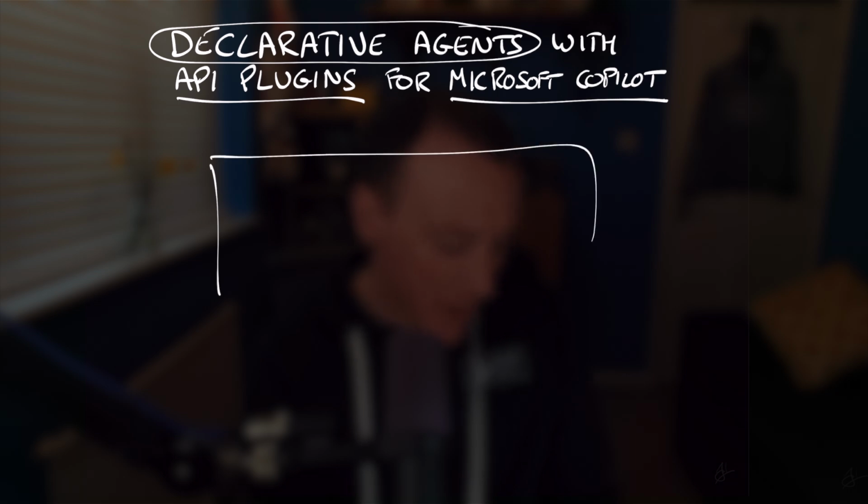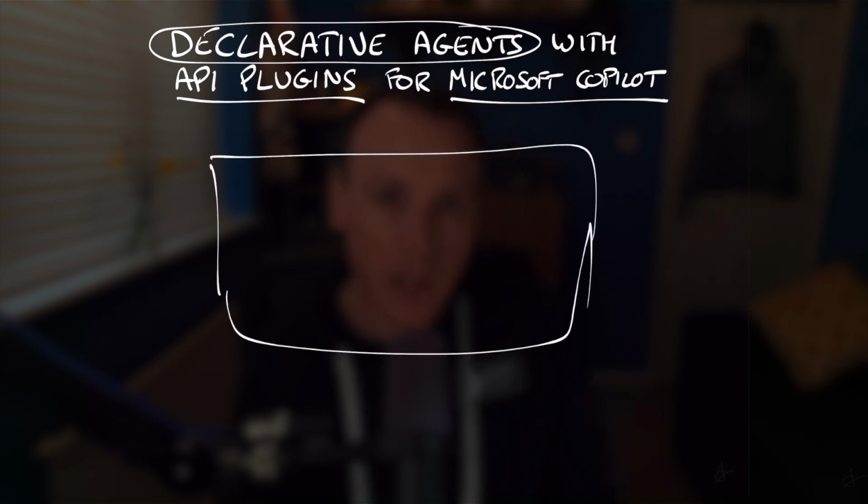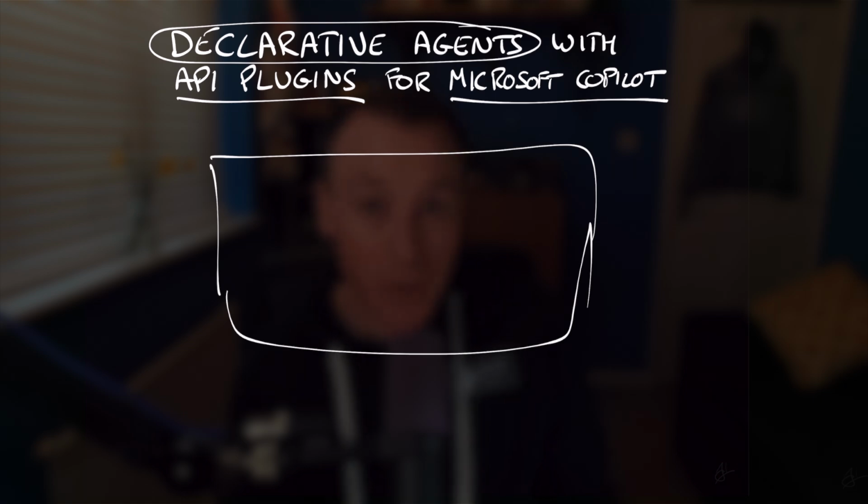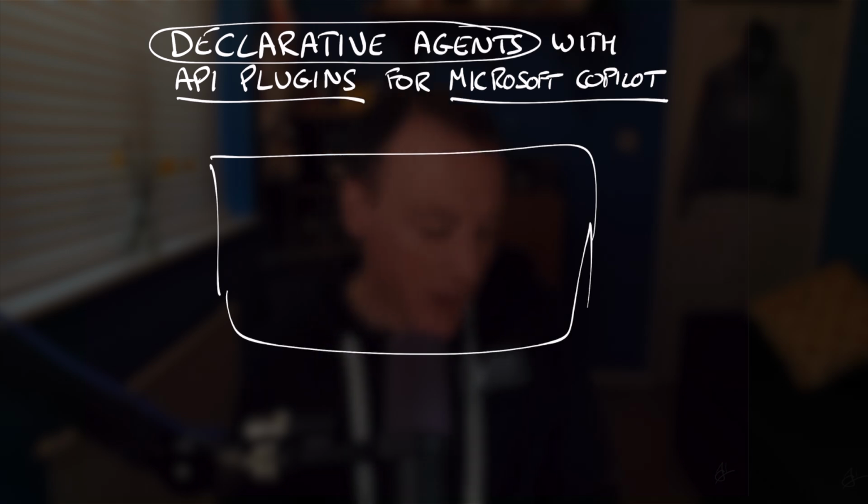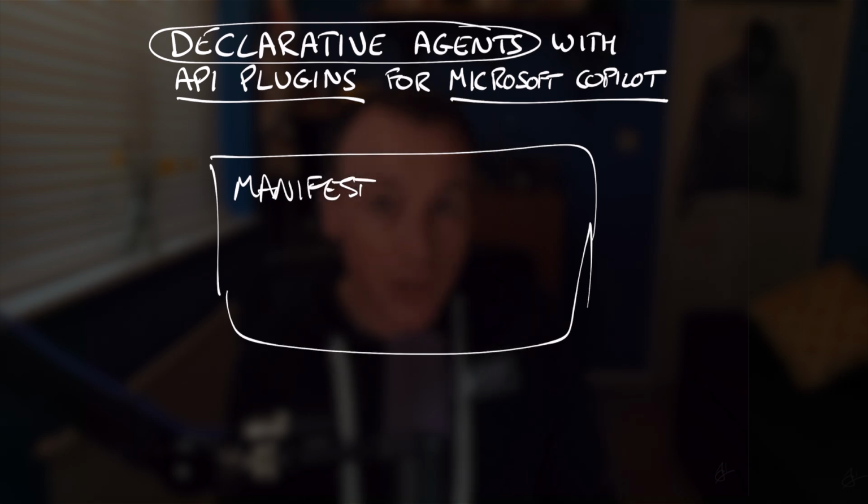The way this works, if you think about your agent here, inside your agent you've got a couple of different things. You've got a manifest file. The manifest file describes your agent and how it works, and it can contain references to one or more API schemas.